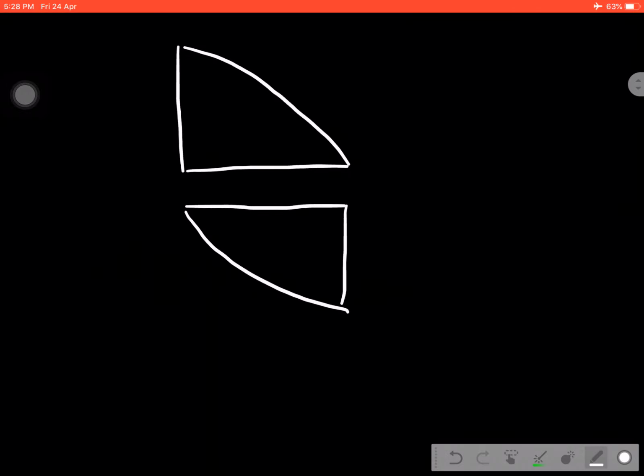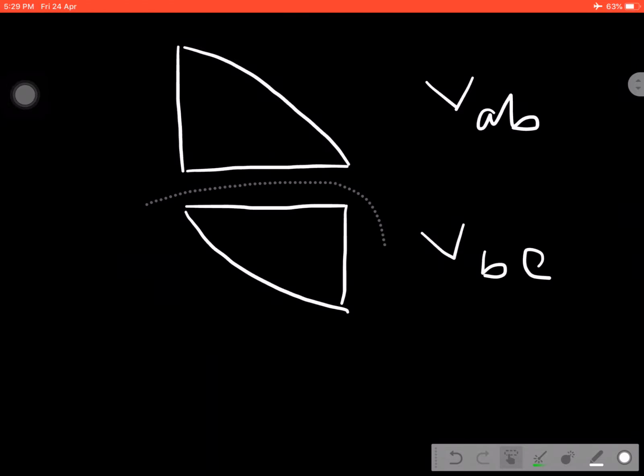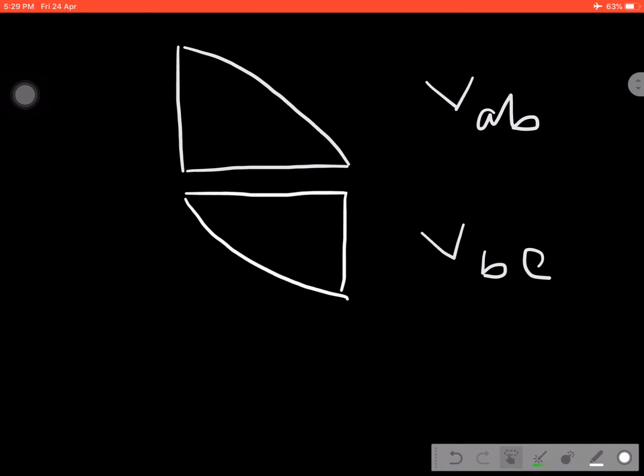This is VAB and this is VBC. How can it provide the instantaneous voltage waveform? Now see, do one thing. Actually, you are adding these two signals.